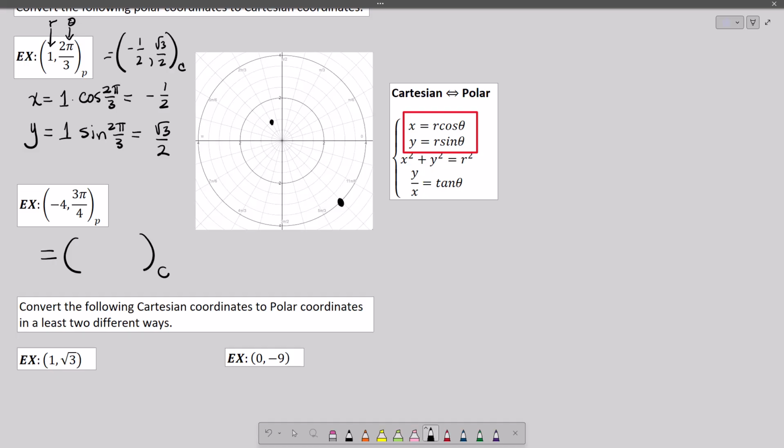So we'd be at root 2 over 2, comma root 2 over 2 on the unit circle, but then we have to multiply by 4. So it's going to be 2 root 2, negative 2 root 2. We can double check that one on Thursday just to make sure. But if you do the r cosine theta, your r value, you would do right there. You plug in the r value, plug in the cosine, and you'll get those numbers.